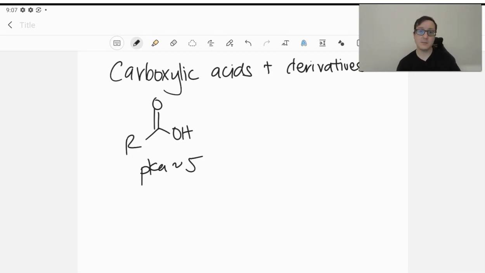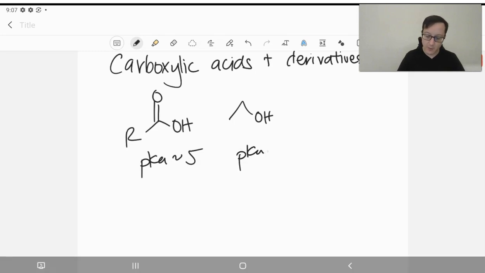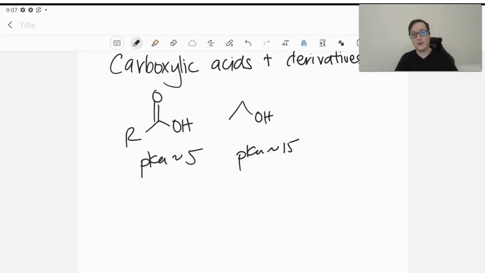Not as acidic as something like hydrochloric acid or sulfuric acid, of course, but much more acidic than something like an alcohol, right? An alcohol, the same molecule without the carboxylic acid, would have a pKa of around 15 or so. So just the ability of that lone pair to resonate can dramatically increase the acidity of your carboxylic acid.